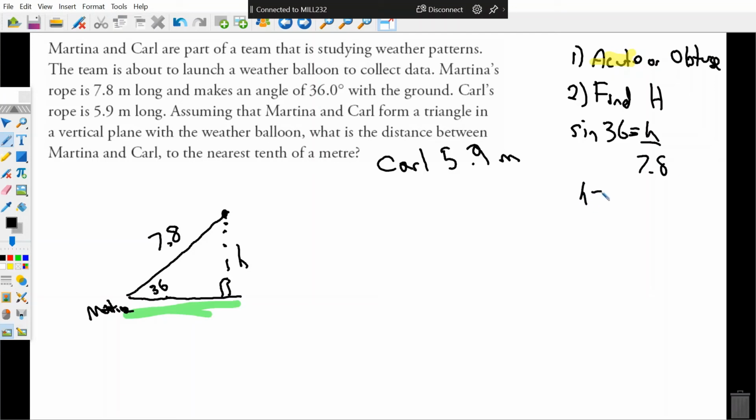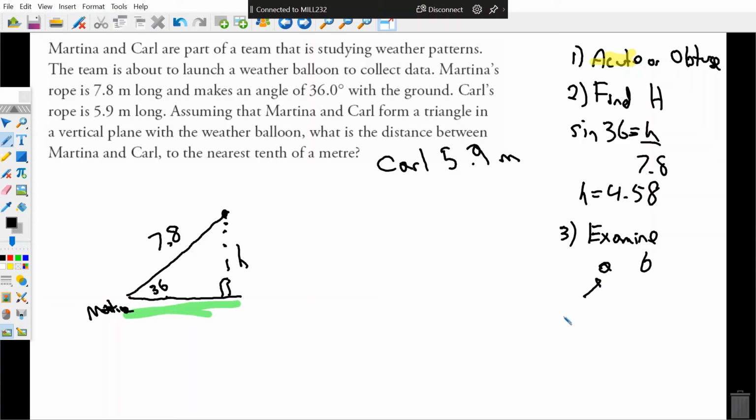The height is 4.58. Okay? The height is 4.58. Step 3, examine A and B. Well, A is Carl's length.